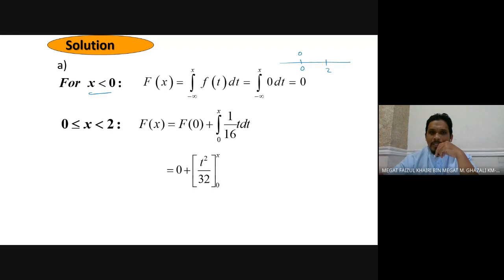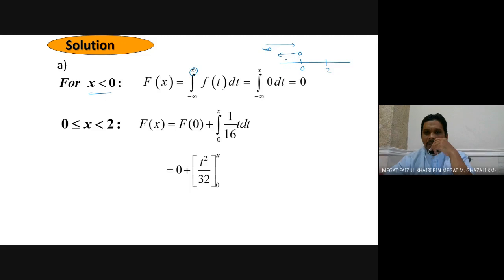So for x less than 0, F(x) is from negative infinity until x, where x is any value that lies in between negative infinity until 0.